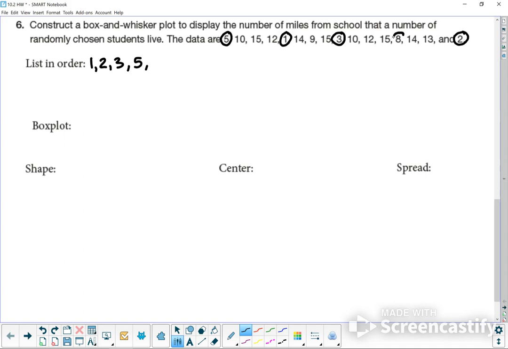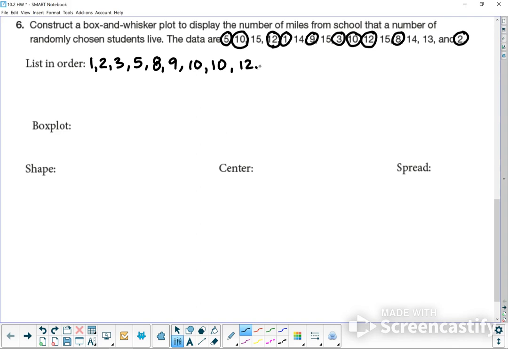Yep. 9. Yep. 10. Yep. I saw 10 somewhere. 11. Nope. 12. I see a 12. Oh, you know what? There's another 10. So there's 2 12s and 2 10s. Good thing I caught that.